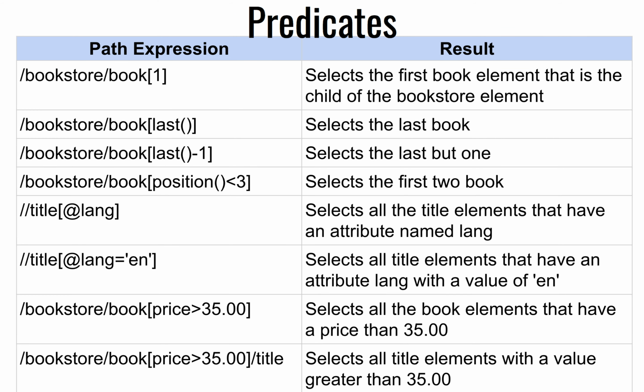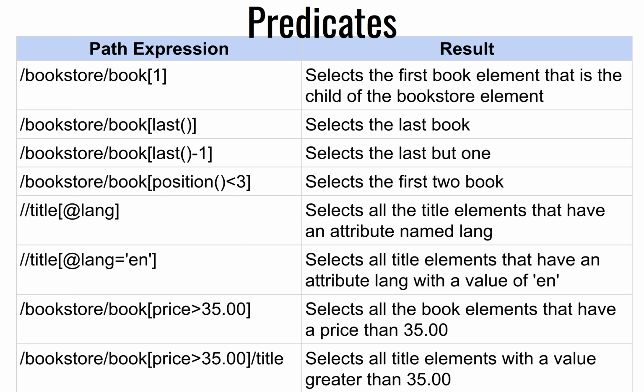Also, if you have multiple elements that match your criteria, you can refer to indices. You can refer to the first element that matched, or the last element that matched, or the third, or the fifth. You can refer to them by using operators such as last, position, or you can have a numeral. Or you can also find elements that have a particular attribute, at lang, or that have a particular value.